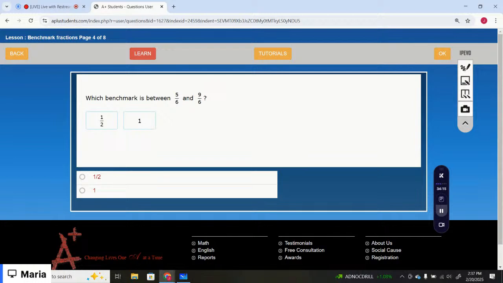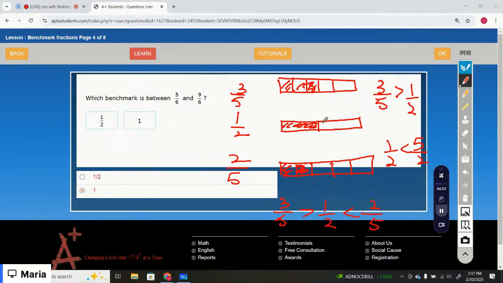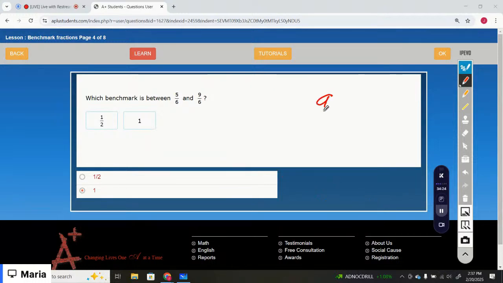The benchmark between 5 by 6 and 9 by 6 is 1. The important thing you need to learn here is whenever the numerator is greater than the denominator, that means the fraction is greater than 1.